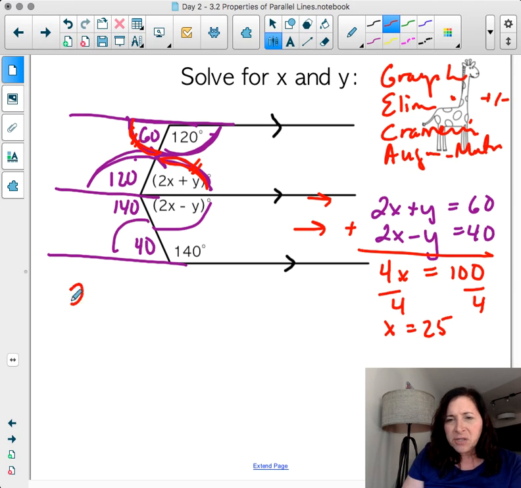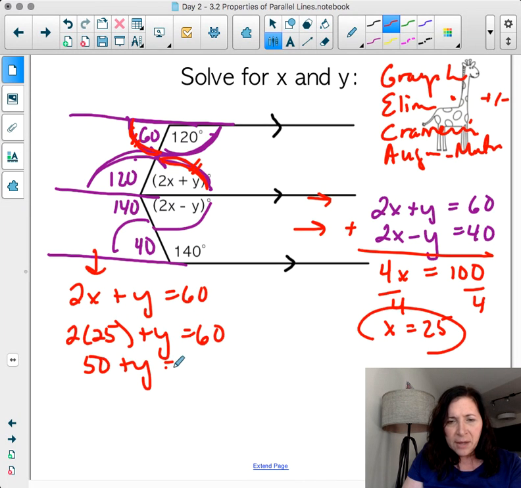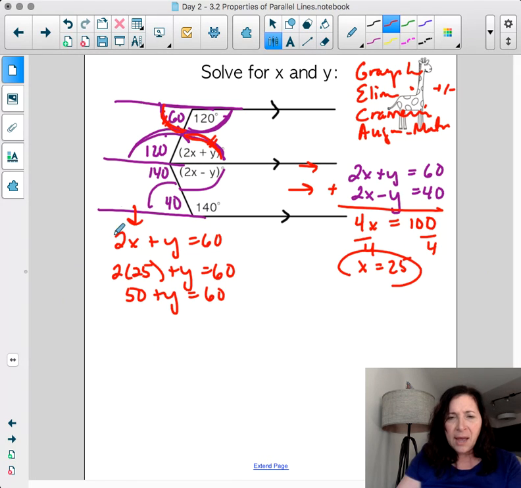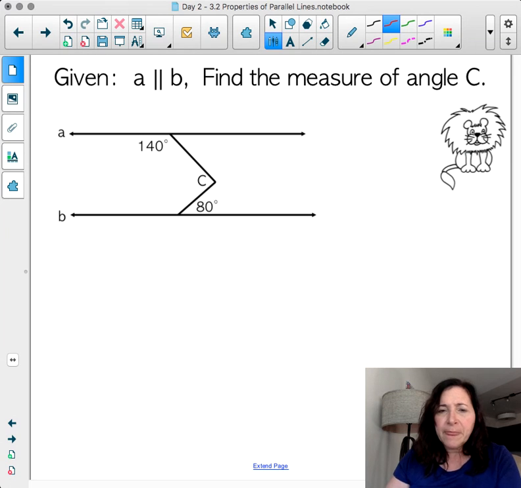And I'm just going to choose the top, which says 2x plus y equals 60, and I'm going to plug in 25 for x. So I have 2 times 25 plus y equals 60. I have 50 plus y is equal to 60. And then I've got to subtract 50. So I have y equals 60 minus 50. And so y is equal to 10. That's it.